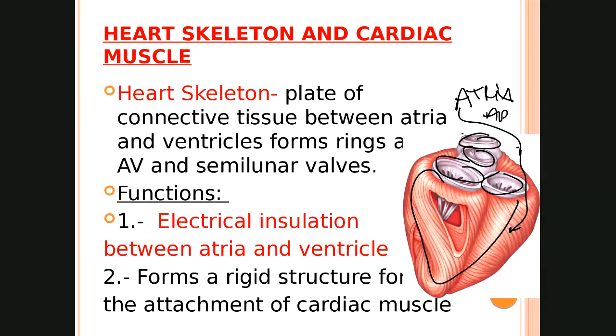Since the atria and the ventricles are electrically insulated by this connective tissue, the action potentials are going to have to travel from one part of the heart to the other in a very controlled fashion.